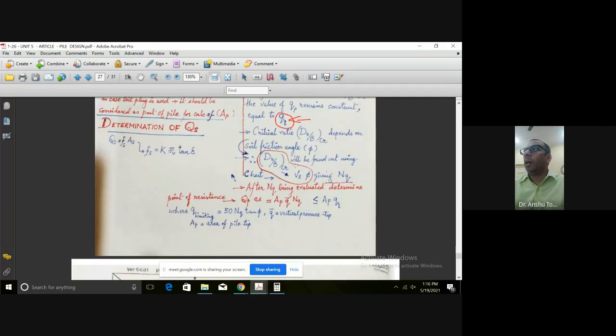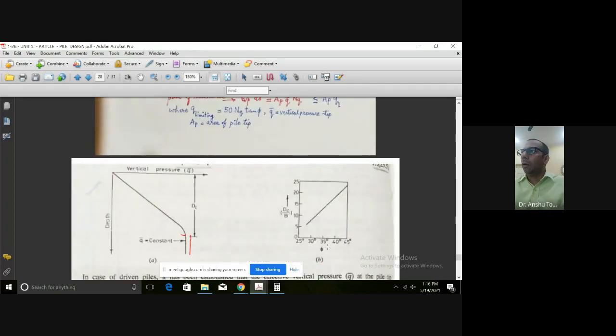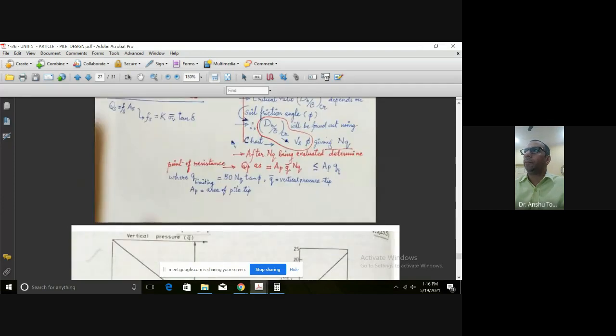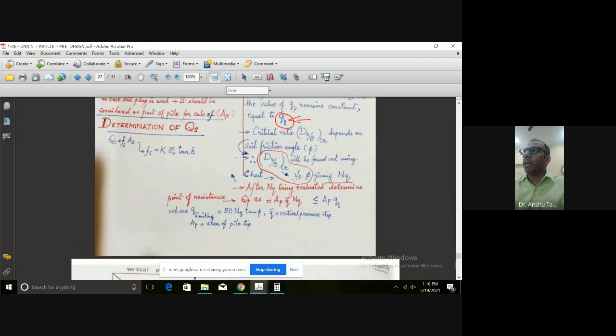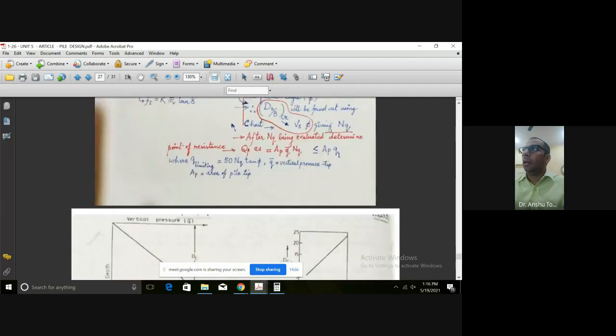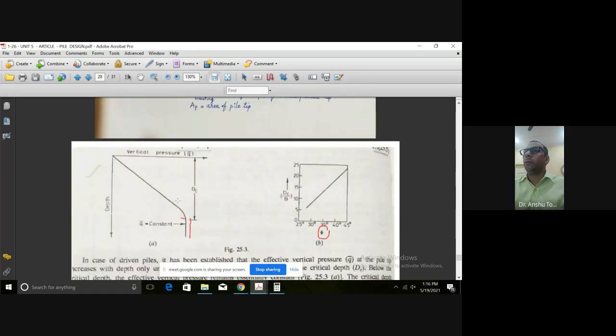Critical ratio D upon B critical depends upon soil friction angle phi. As we can see, we have seen that it is varying with phi only here. It will be found out using the chart, that is D upon B critical versus NQ.